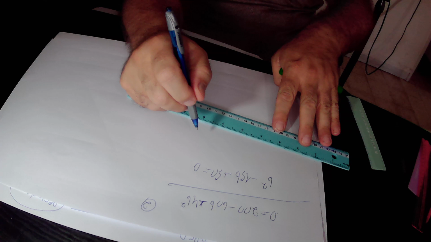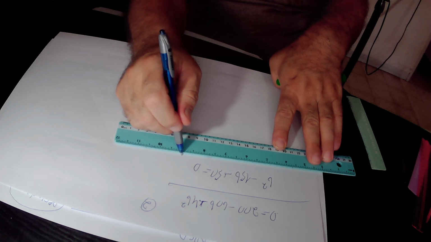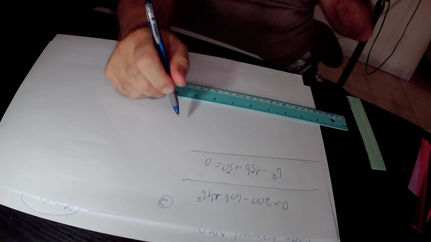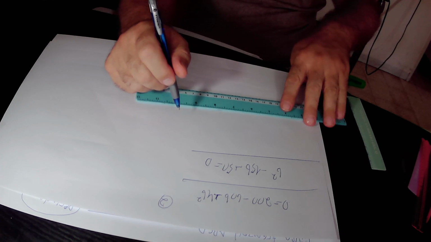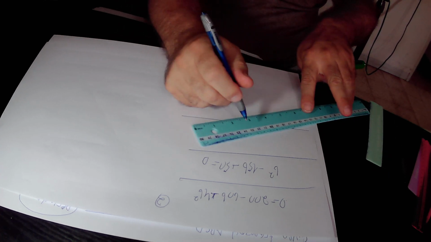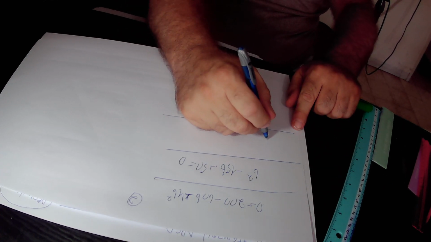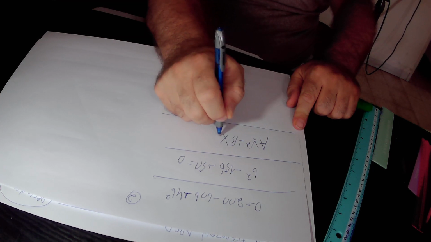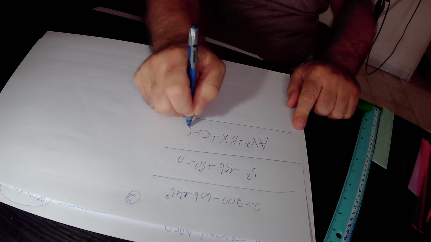So in total we found out that b squared minus 15b plus 50 equals 0. So this is a quadratic equation, and the general form of a quadratic equation is ax squared plus bx plus c equals 0.